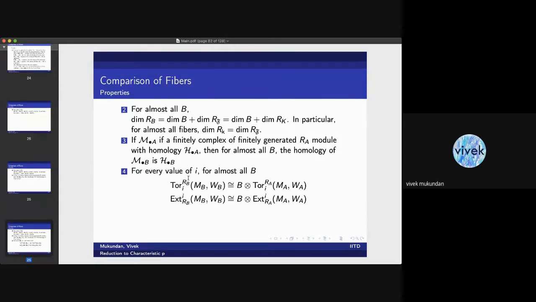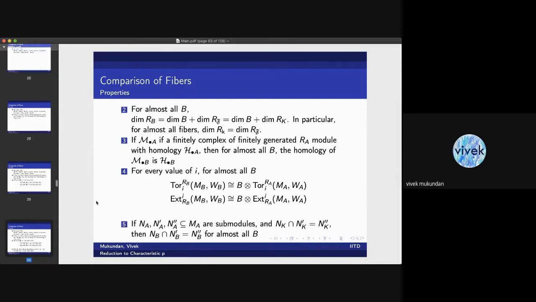And for every value of i, for almost all B, the Tor_i of MB, WB is the tensor of the Tor_i of MA, WA with B. And the Ext^i of MB, WB is the tensor of the Ext^i of MA, WA with B. So the Tor modules and Ext modules can also be pushed through to almost all fibers.